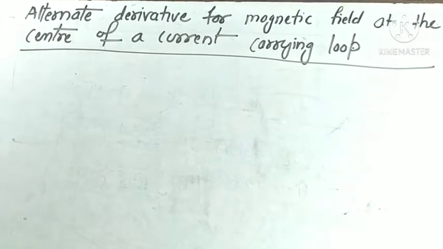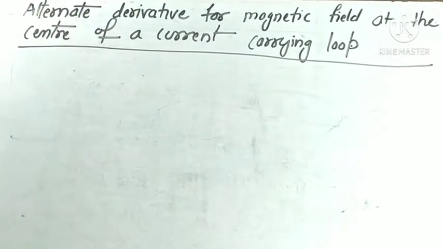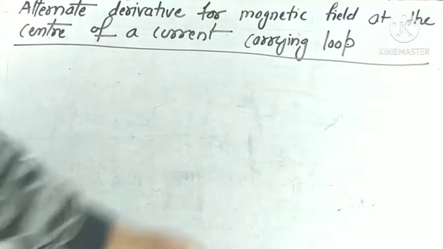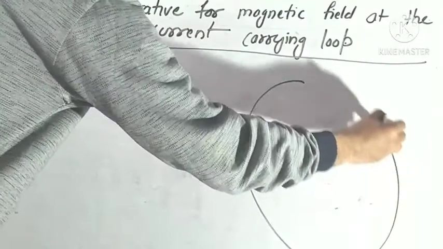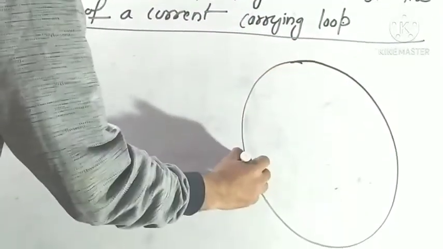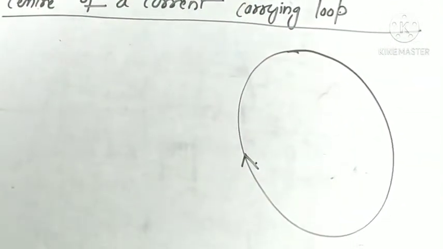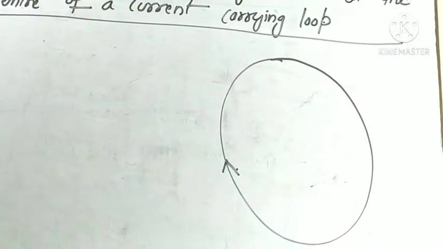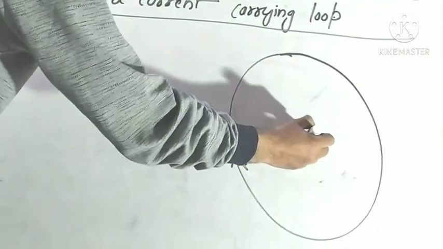So the new topic is an alternate derivation of the magnetic field at the center of a current carrying loop. We take a current carrying circular loop, so this is the current carrying wire in a circular loop. We have to find the magnetic field at the center of this circular loop.